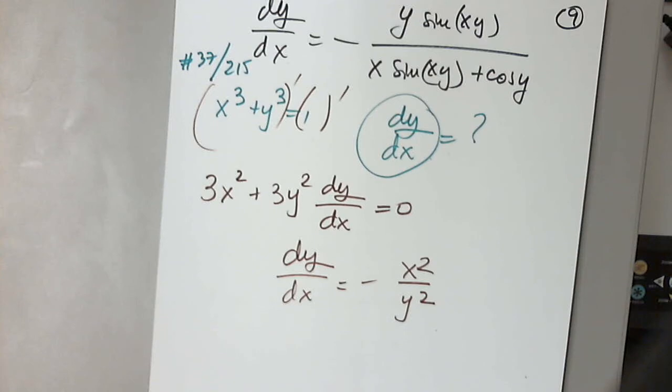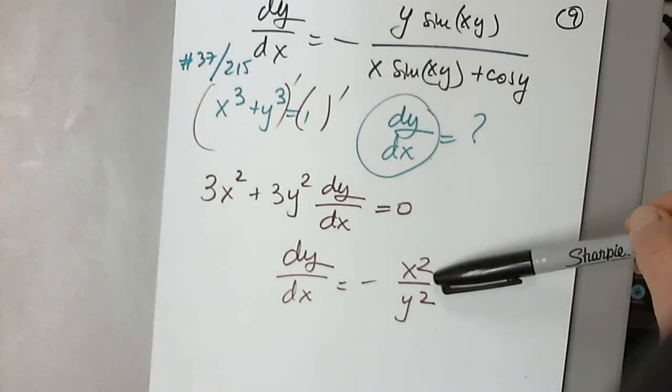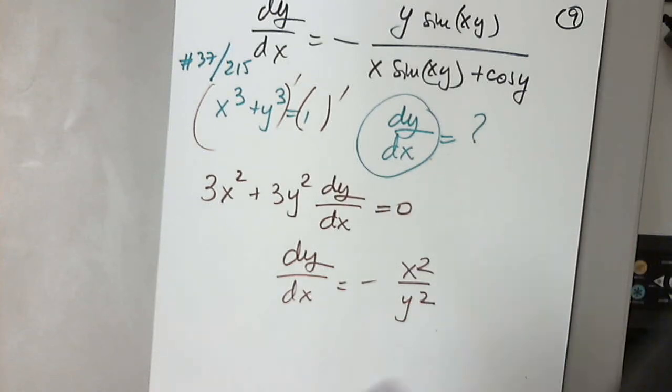Not too bad so far. Okay, so then the next step would be to differentiate again. I moved 3x squared to the other side, it becomes negative, and I divide by 3y squared, and I get this. So this is the first derivative.